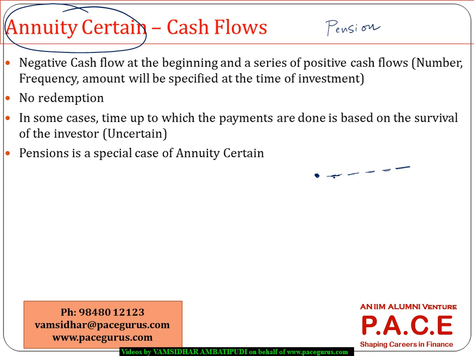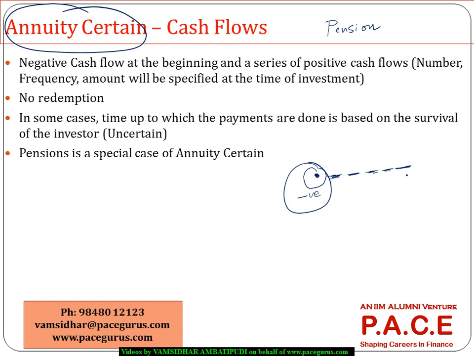So here, the frequency at which I will be receiving, the number of years during which I will be receiving, and the amount that I would be receiving, all of them would be specified at the beginning of the agreement itself. So there is a negative cash flow at the beginning, one single lump sum, and a series of regular positive cash flows over a period.